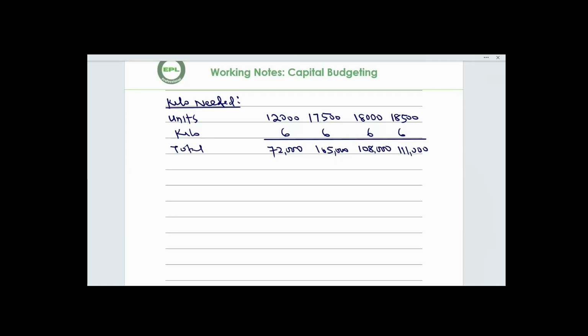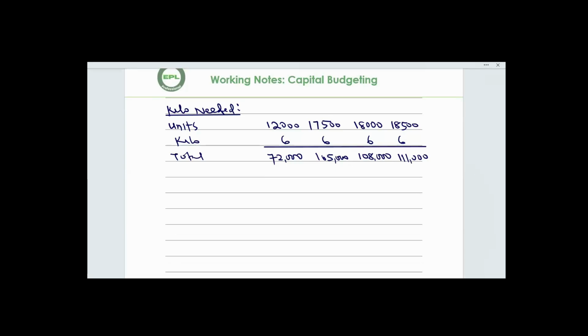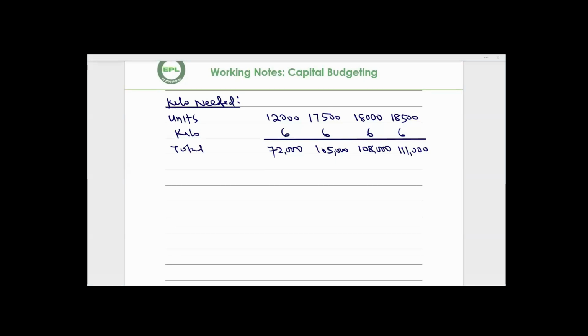However, if you go back to the question, the examiner has told us that there are 70,000 kilos in the inventory. In the paragraph before the selling price, you are told that 70,000 kilos of material Z are already in the inventory and are not required for other production.